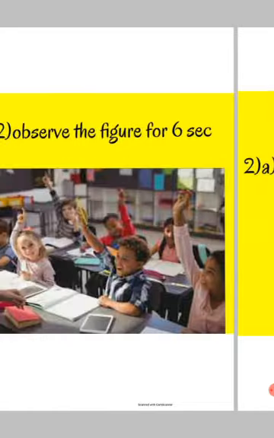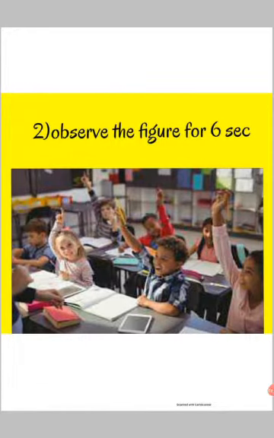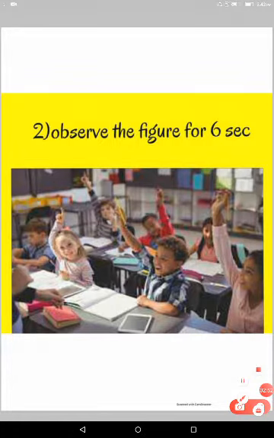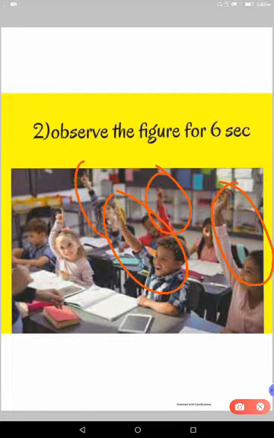So in this figure, we can see 1, 2, 3, 4, and 5. Only 5 of the students are raising the hands, not all of them. This girl is not raising her hand, and this boy is also not raising his hand.